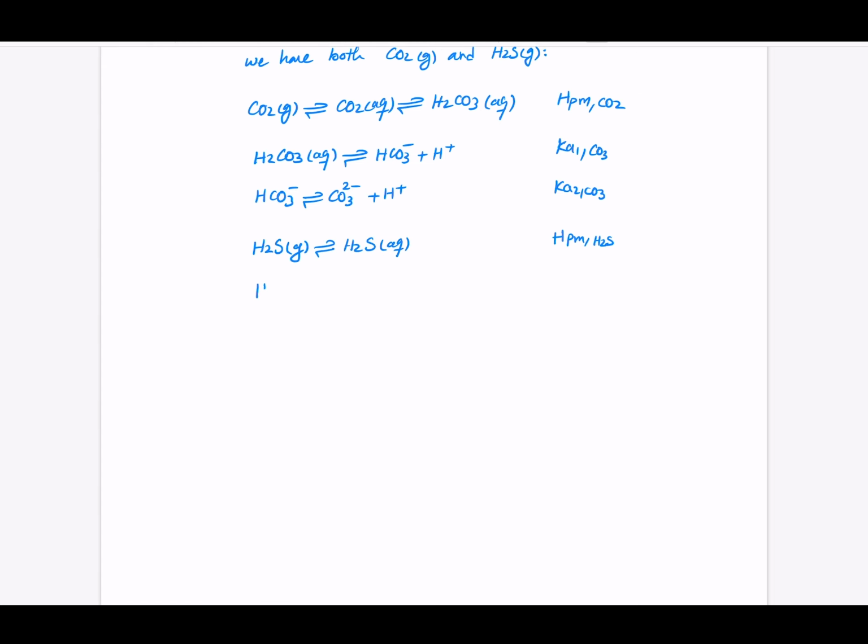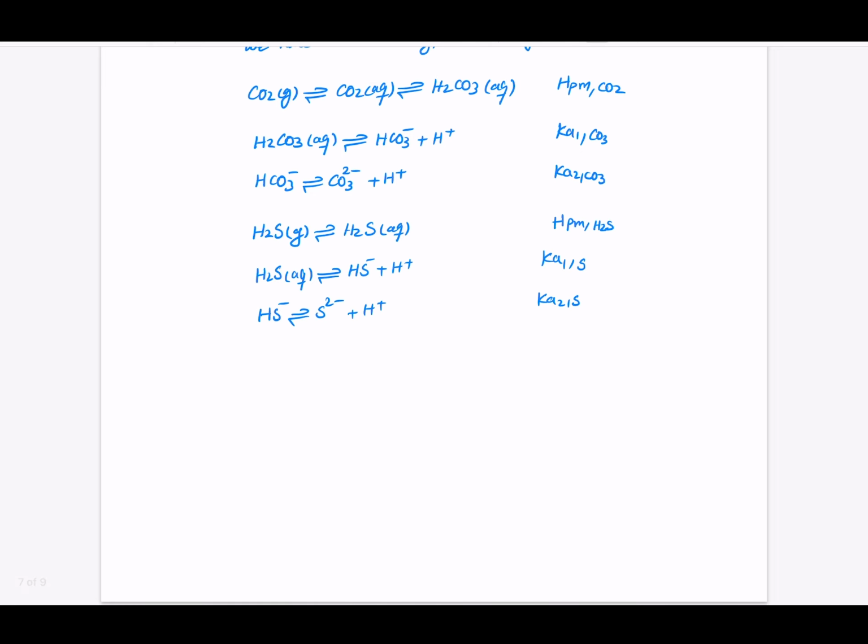Then we have the deprotonation of H2S in the solution to HS minus plus H plus, Ka1 of S, and then HS minus going to S2 minus, fully deprotonated, with Ka2 of the system S.